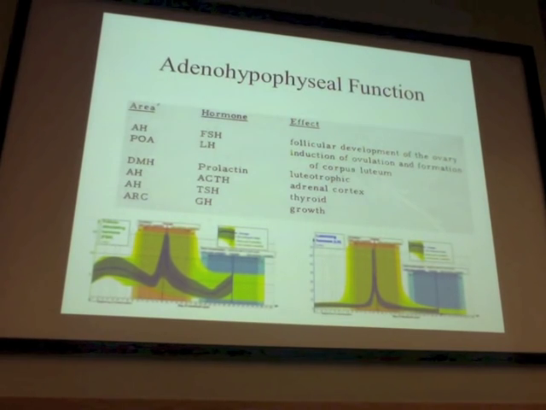And so we kind of divide it into those two big categories. So the first one we're going to look at are the anterior pituitary hormones and releasing factors.